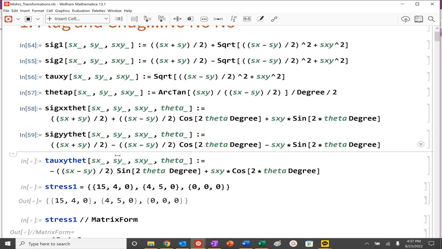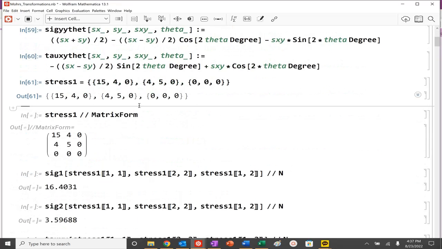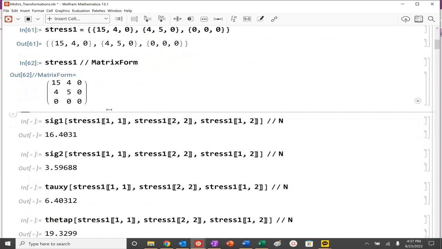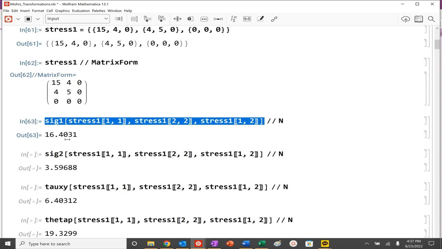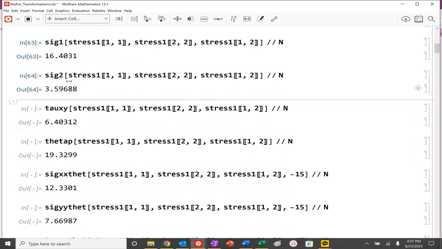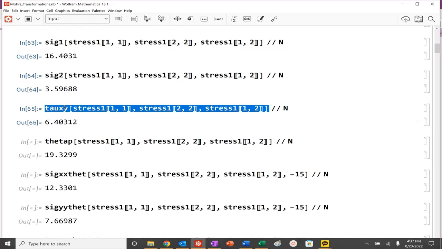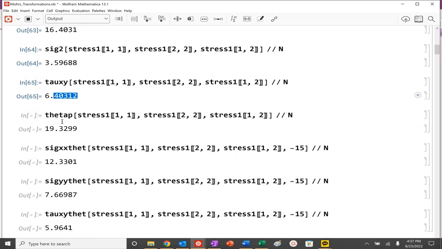So I would say, after many years of teaching this class, if you have this stress state here, which is a plane stress state, I only have stress in the 1-2 plane, as you can see here. If I do the plug and chug method, this would be my value of sigma 1, my maximum normal stress. This would be my sigma 2, my next largest normal stress value. This is my maximum shear stress, right here.